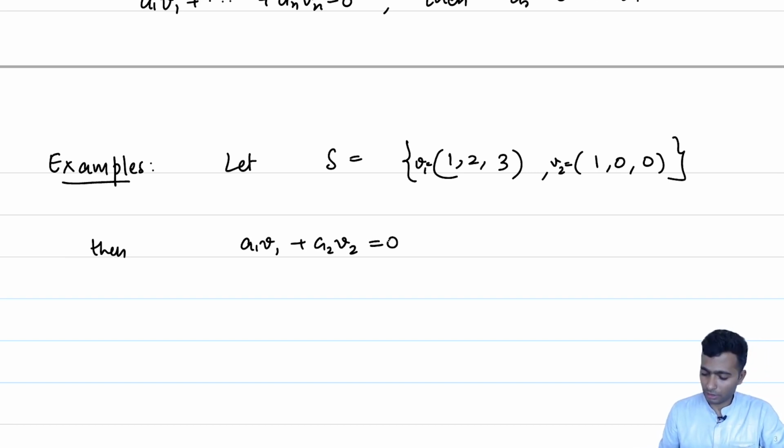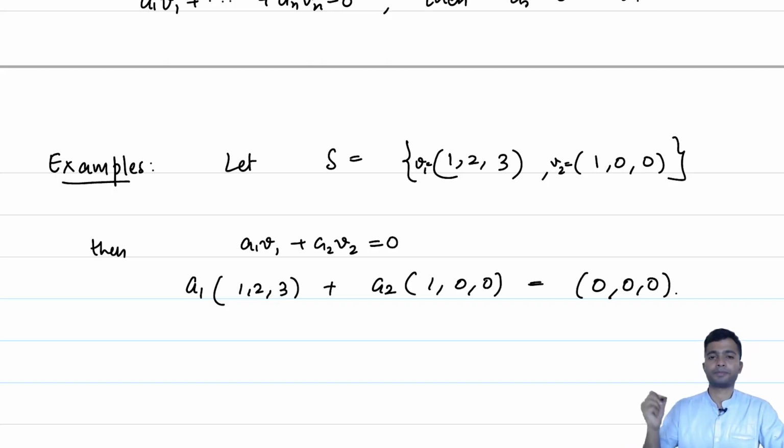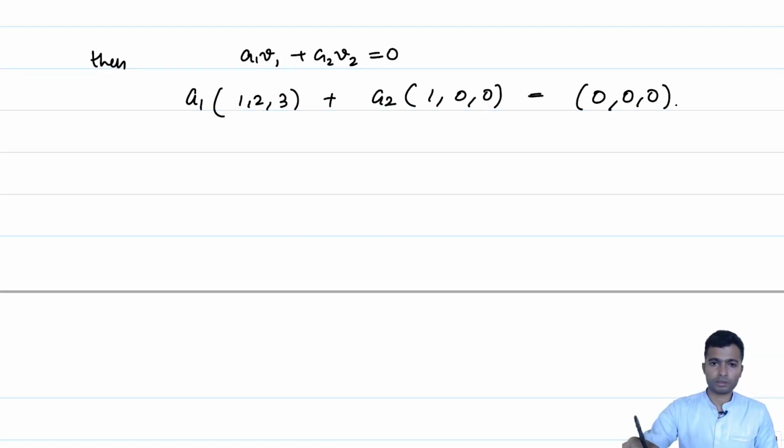The 0 vector can be rewritten in the following manner. So, this will be a1 times (1, 2, 3) plus a2 times (1, 0, 0) is equal to the 0 vector, which is (0, 0, 0). As is clear from the context, the 0 on the right hand side is the 0 vector in R3, which is (0, 0, 0).